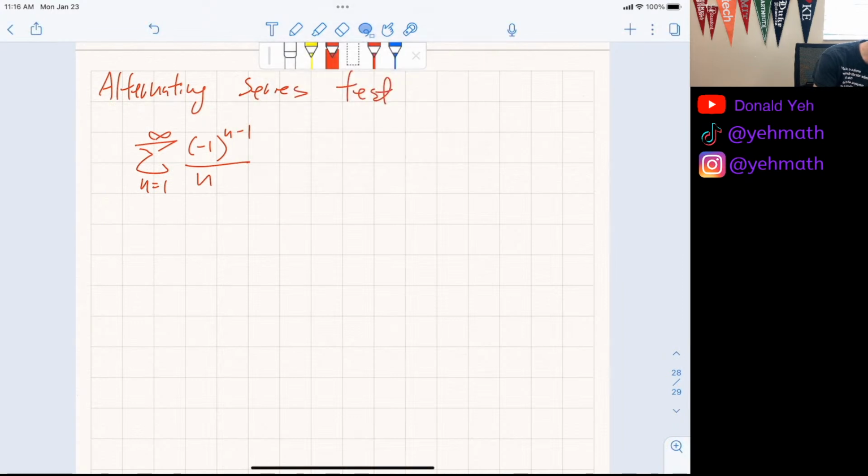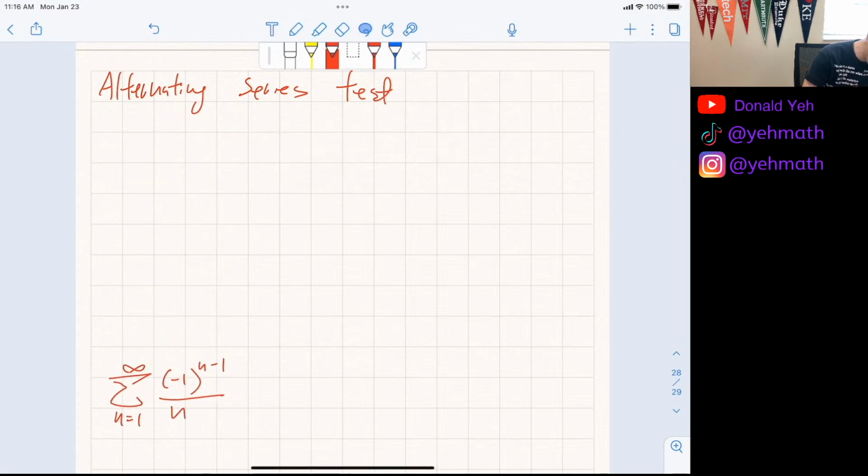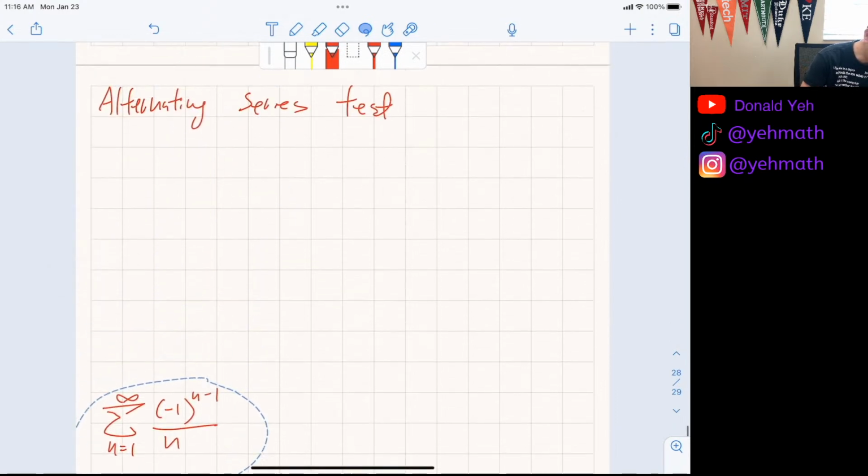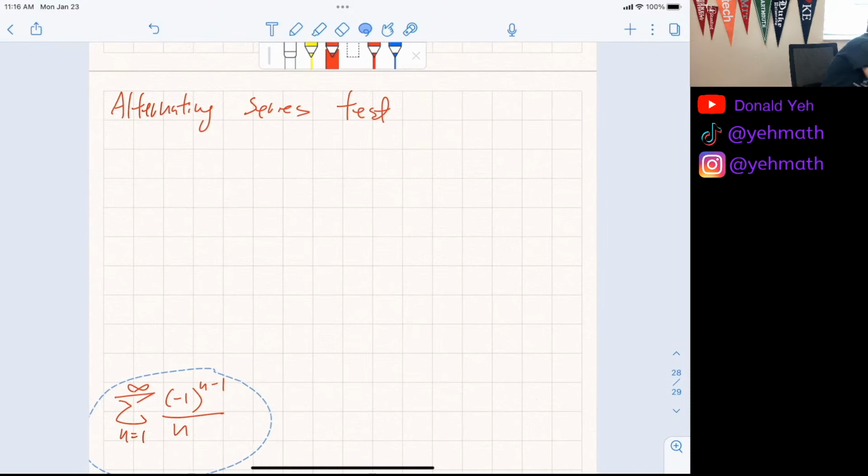Sorry, I'm going to move this around a little bit. I'm going to give you a definition first before I give you everything. The first thing is, in order to use the AST, you must be alternating.